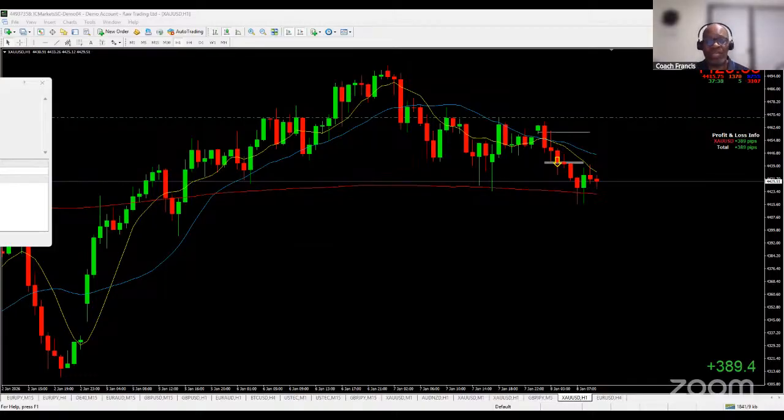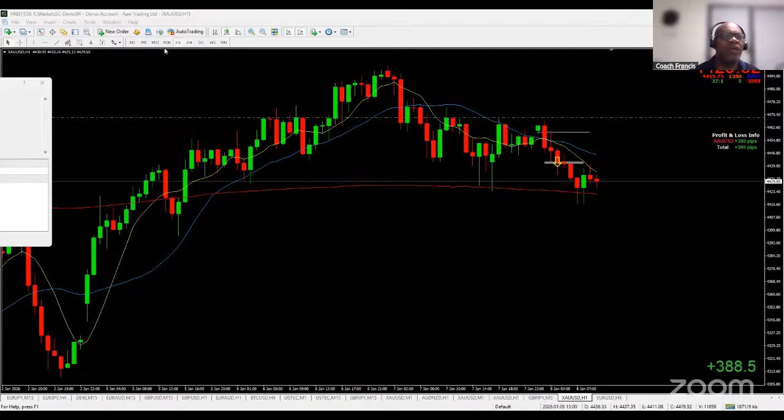But if you do get a good counter trend setup, you can go with that. I would say the scalper is trend agnostic, because a good trade can go either way.